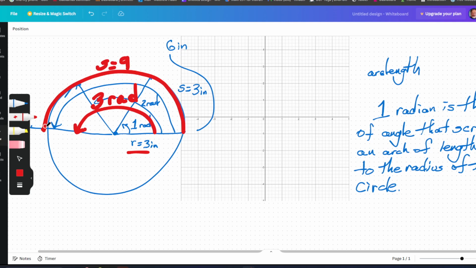I'm going to change that pen next time. And yes, of course, we could keep going. We could do another one. That would be, what, 4 radians? We could do another one. It's a little far. We could do another one at 5 radians. We could do another one, 6 radians. And we could keep going.